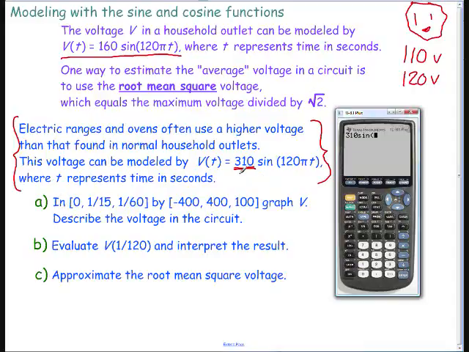I'm going to use this right here. 120 pi times 1 divided by 120. Put in the second parentheses. So this should give me what the value of this function is when t is equal to 1/120, equal to 0. Let's look at our graph.